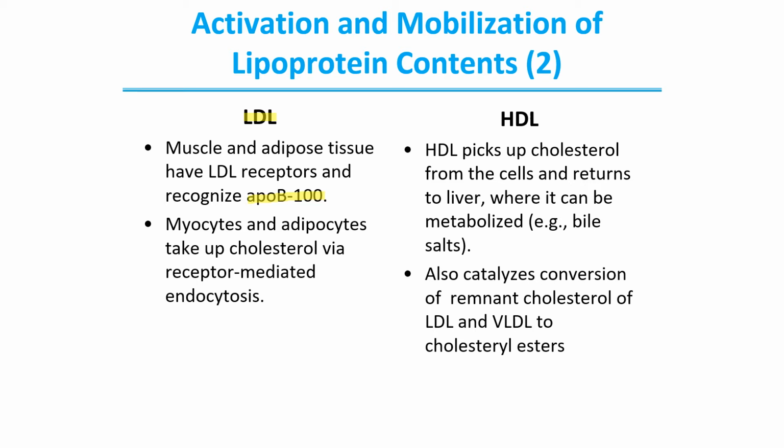Muscles and adipocytes will take up the cholesterol from these LDL molecules, whereas HDL, the high density lipoprotein, is considered to be a good lipoprotein or a good fat in the body because it picks up cholesterol from different parts of the cells and returns it to the liver, where we can metabolize this cholesterol, convert it into bile salts or bile acids, or throw it out of the body.